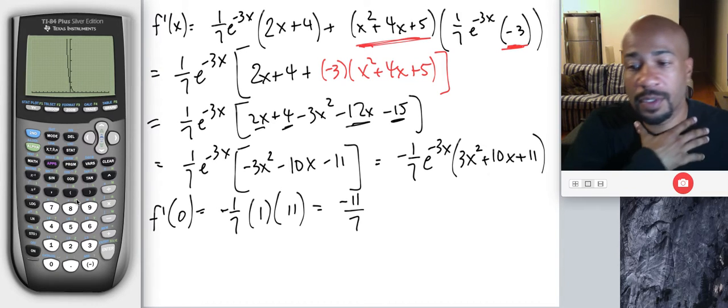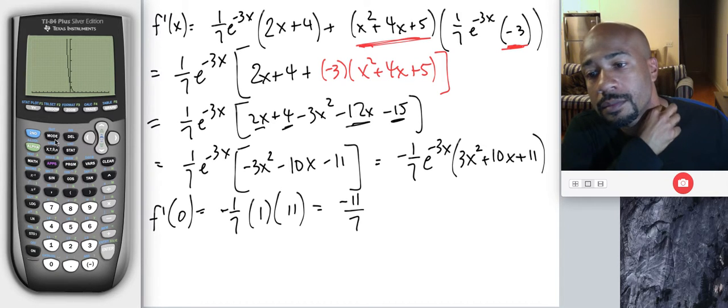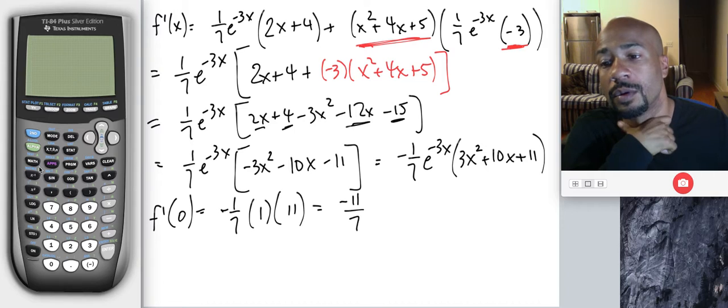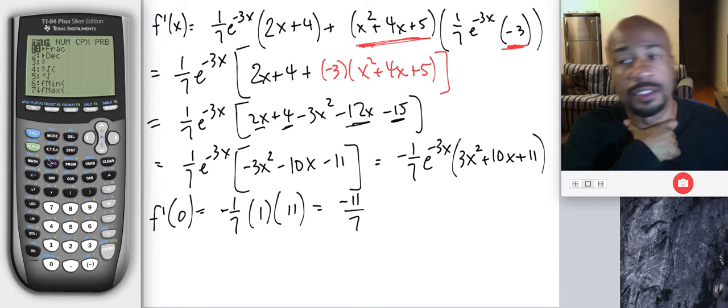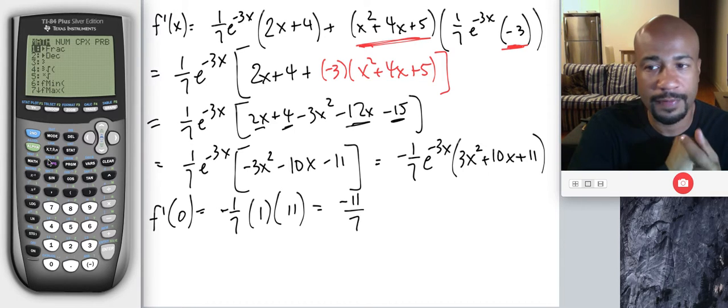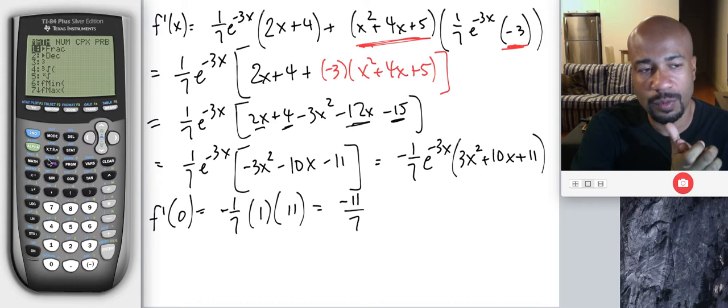Now, if you have the ability to use your calculator, let's quit that and let's go home. You can, so I'm using the TI-84 Silver. I think it's a really, really good calculator. I think the TI-89 is way too much based on what class you have.